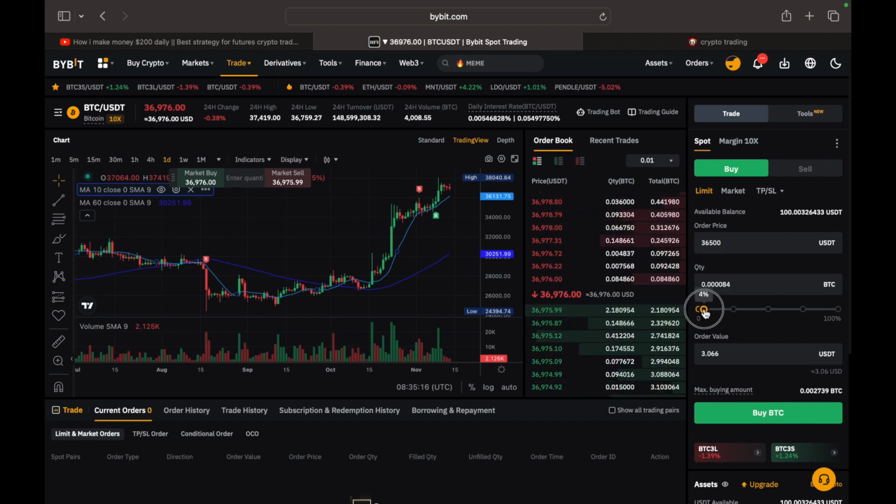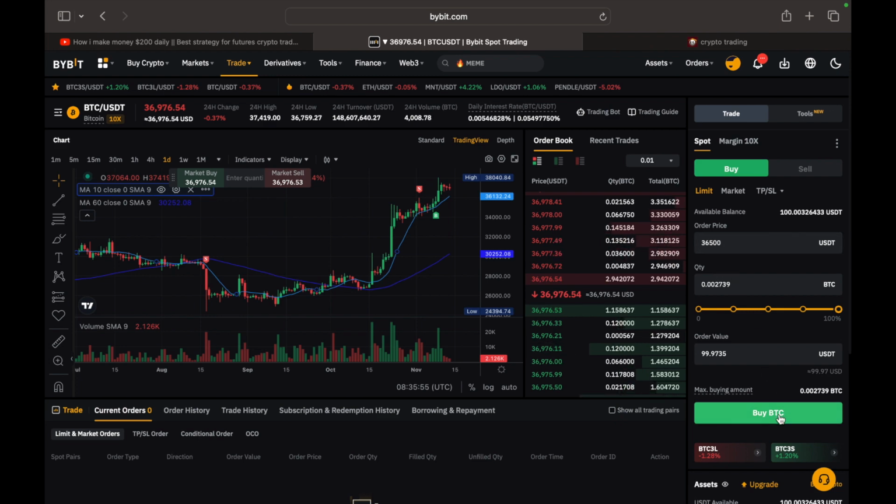So I'm simply going to swipe this to 100%, meaning that I'm willing to spend 100% of the US dollars that I have right here. You can see that the order value is going to be 99.9735 because of fees and stuff like that, which is not a lot anyway. But I'm going to get 0.002739 worth of BTC, and this order is going to be executed when the price of Bitcoin hits 36,500.